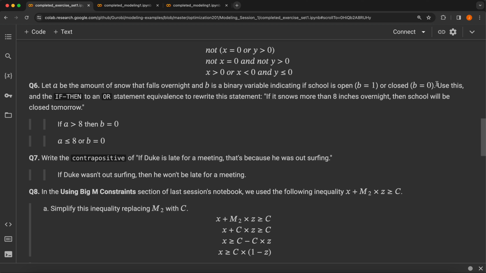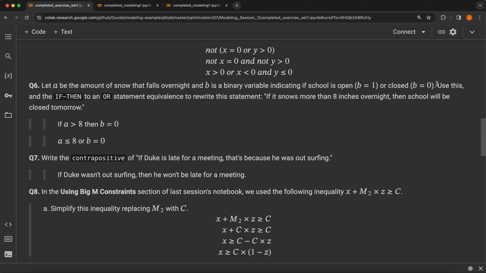So let's replace the words with variables and notation. If A is strictly greater than 8, because we're saying if it snows more than 8 inches, then B is 0, where B is school. Then school will be closed tomorrow.